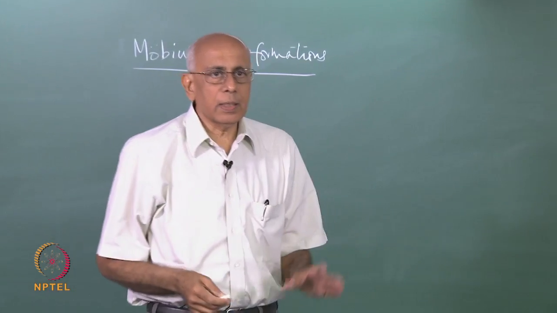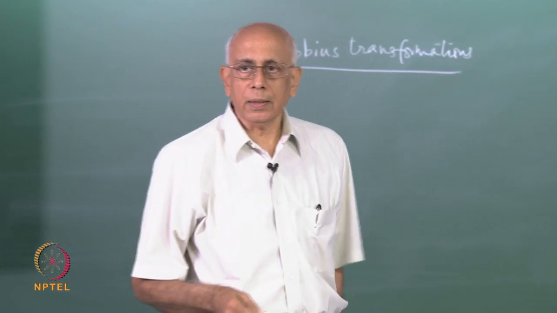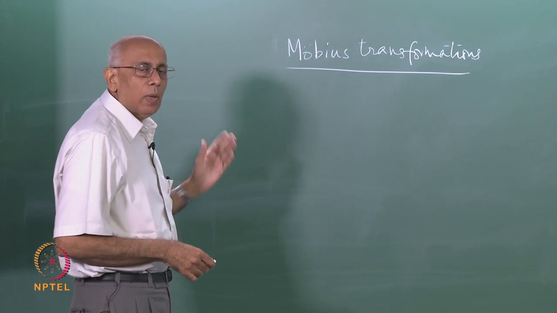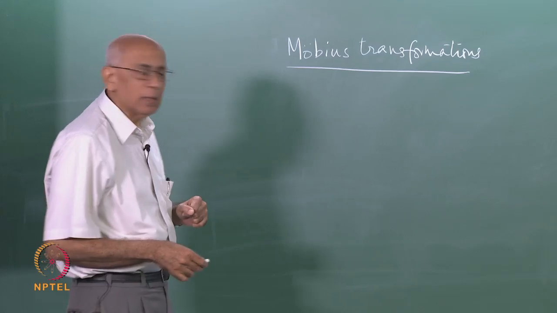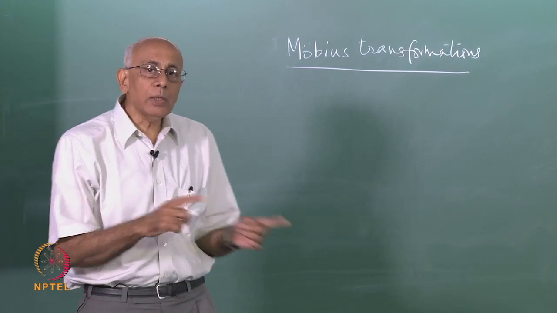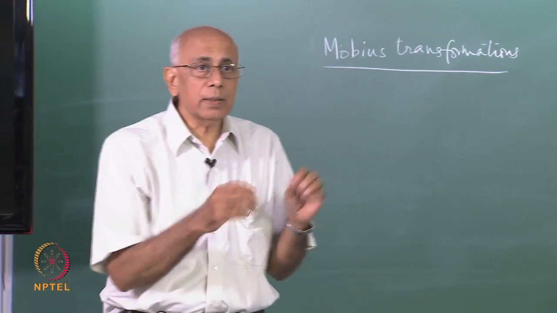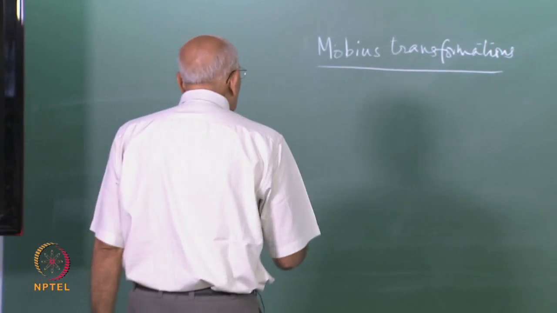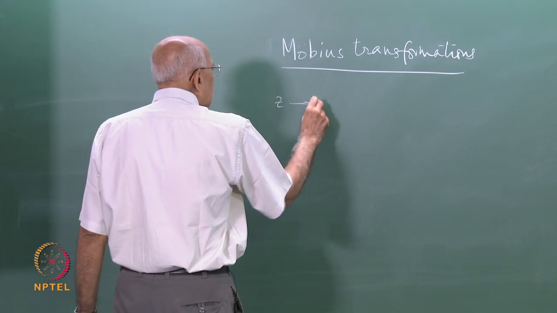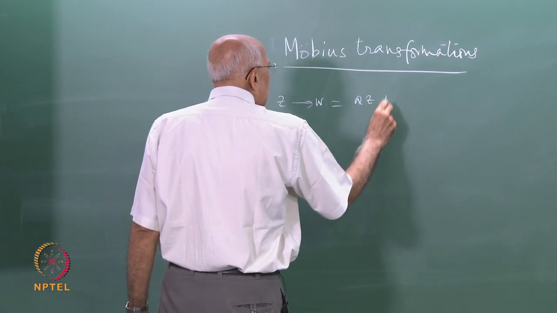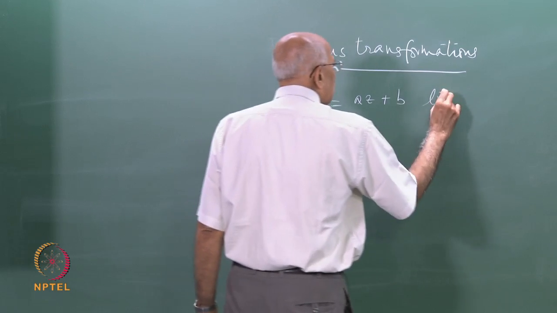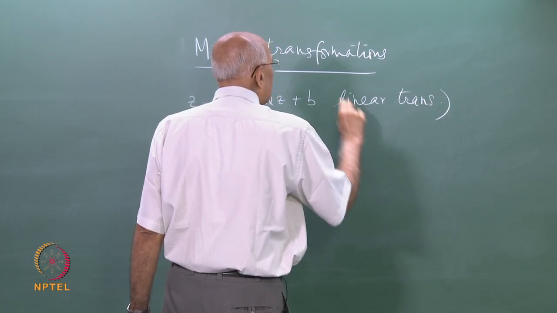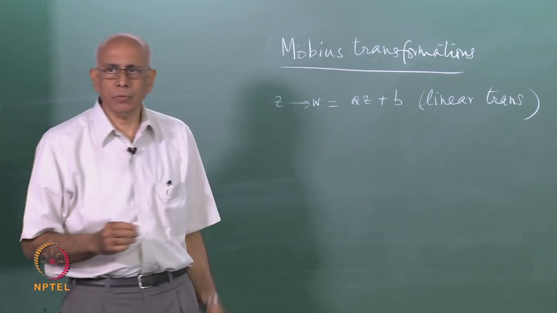And these transformations are defined as follows, as I started mentioning the last time. If you ask what is the most general one-to-one map of the complex plane to itself, since it has to be one-to-one, it has to be invertible. Each Z has to go to a unique W and vice versa. The only thing that you can do is to say Z goes to W equal to some AZ plus B. That is a sort of trivial linear transformation.